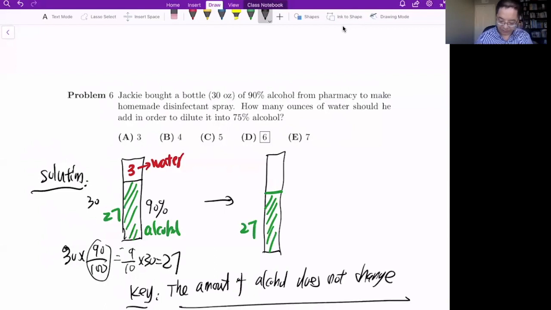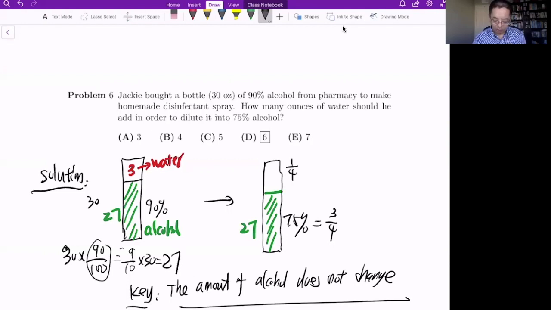Now this time it becomes 75%, which, if we change it to a fraction, is 3/4. That means the water will be 1/4.